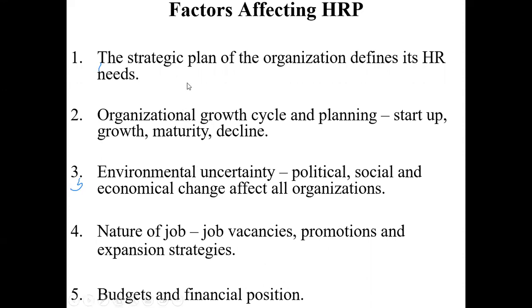Some of them include the strategic plan of the organization. What we mean by strategic plan is the blueprint that the company is going to rely on to achieve their long-term objectives. If you remember, the first thing that I said is important is the organization's strategic objectives, and it is this strategic plan which will help us to achieve the objectives. So it is important we consider this one.